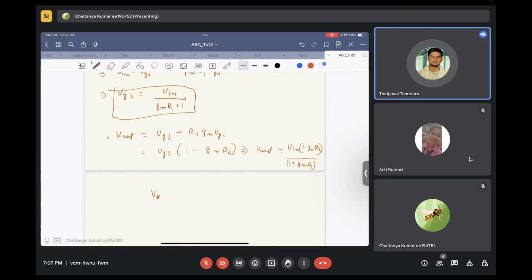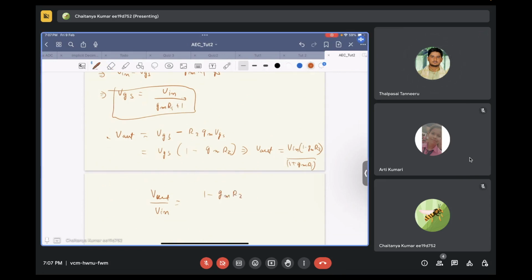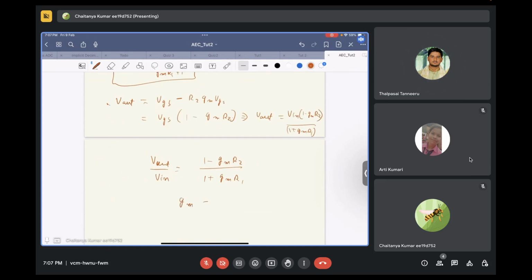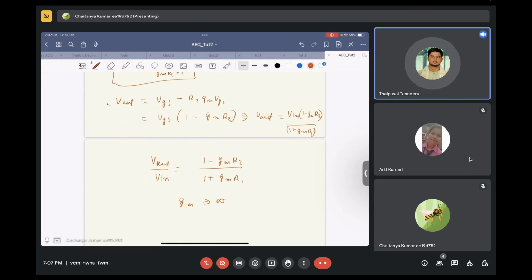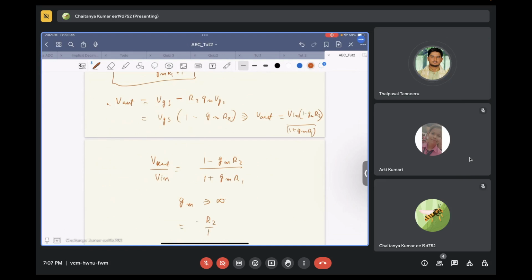It is 1 minus gm R2 over 1 plus gm R1, times Vin. What happens if gm tends to infinity? Sir, it should be minus R2 by R1, sir. This becomes minus R2 by R1.